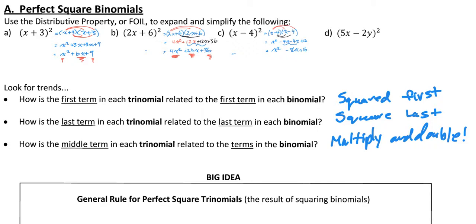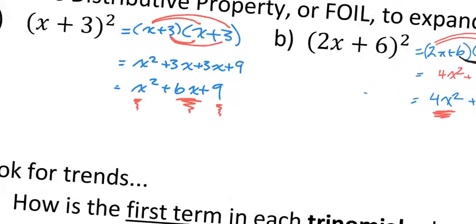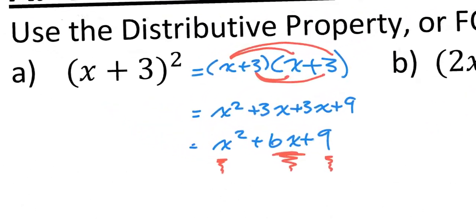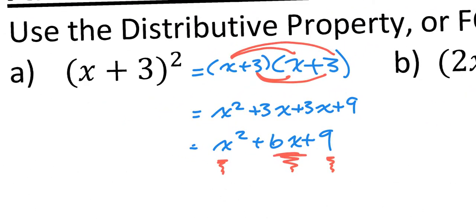Let's go back and look at one of those problems that we just did. When we started out with (x + 3) squared, we squared the first as our result, we squared the last, and we multiplied the two and doubled.